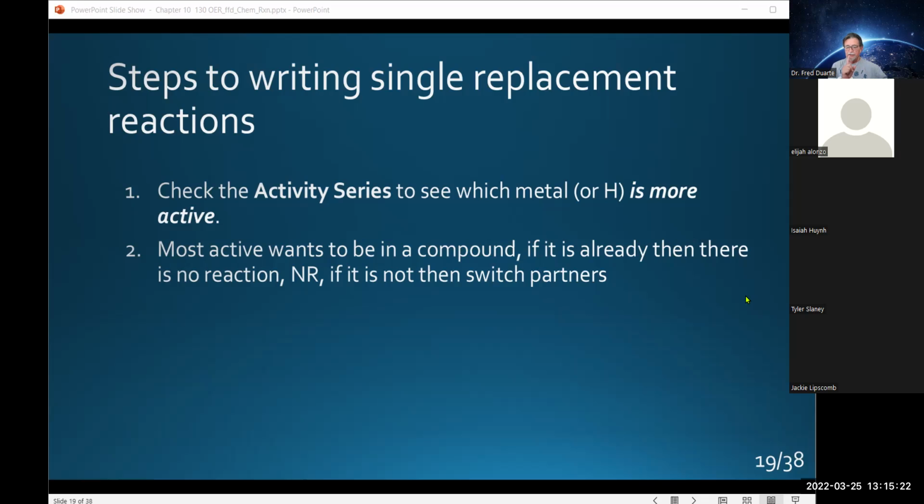Let me repeat that. When you are comparing the two metals or hydrogen, depending on the reaction, if the one that is the most reactive is already in compound form, then we get no reaction, NR, and there's no switching the partners, okay?